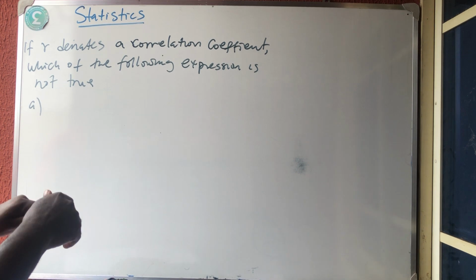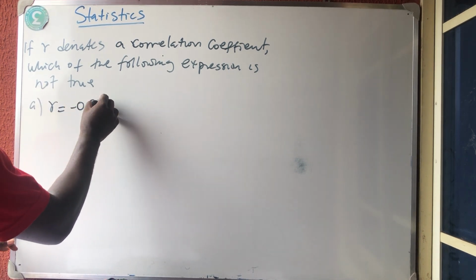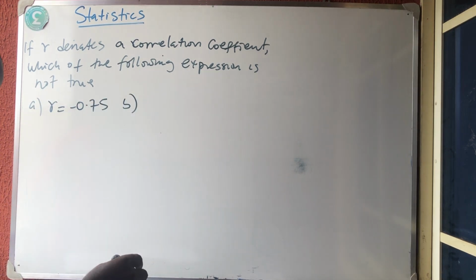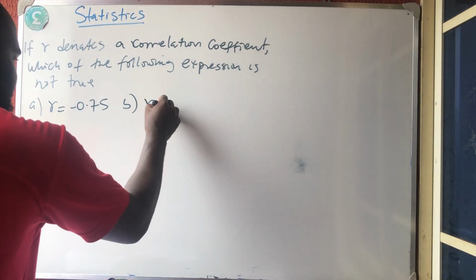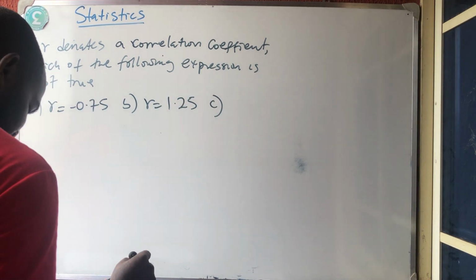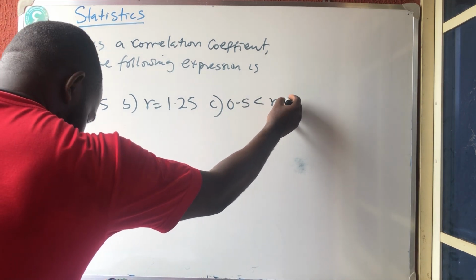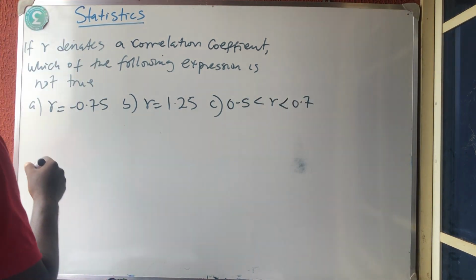A said that r is equal to minus 0.75. B said r is equal to 1.25. C said 0.5 is less than r, which is less than 0.7.